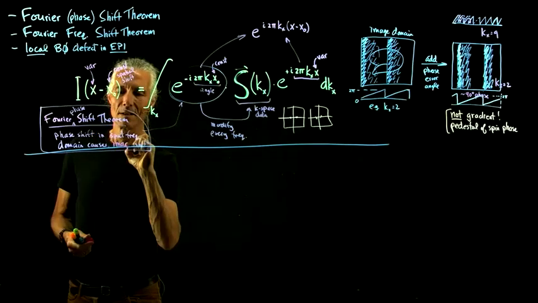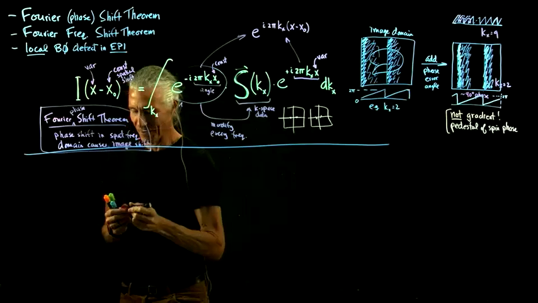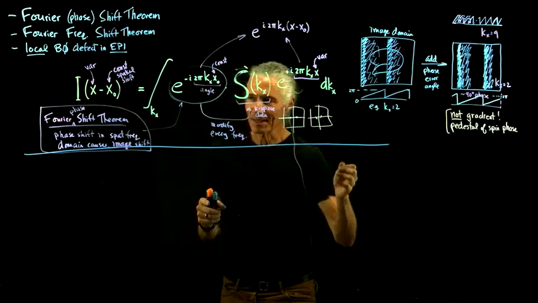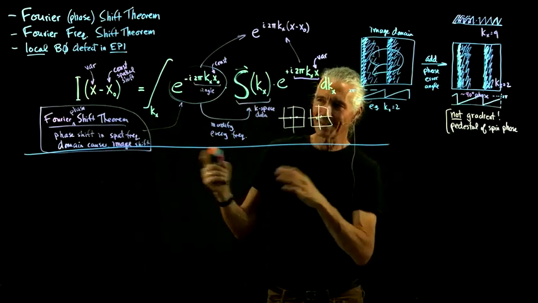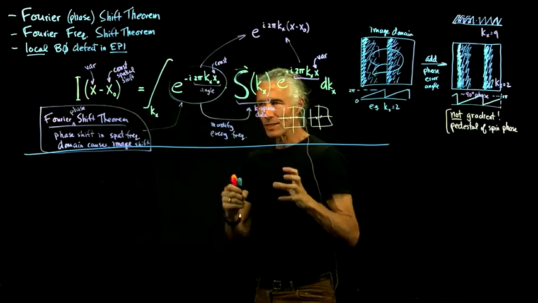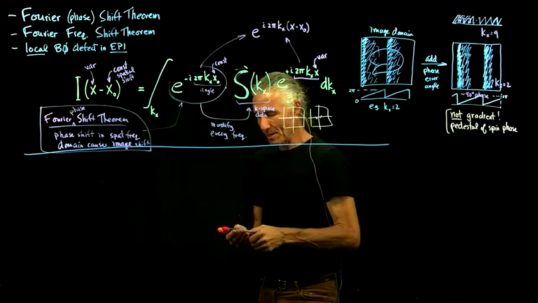So alternatively, we could mess with the frequency. And so this one's stranger. This one's kind of a little strange because usually we think about phase and how that gets turned into a completely rigid translation of the image.